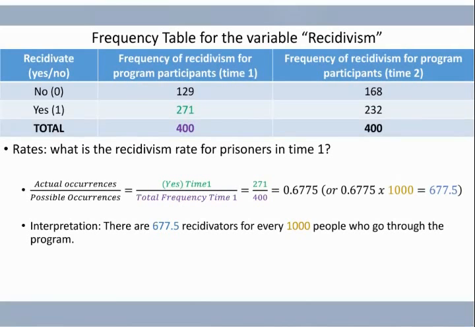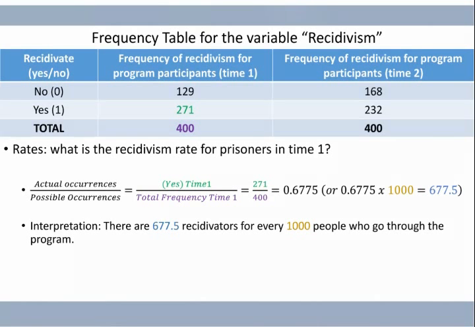So we have 271 divided by 400, which equals 0.6775. And what we can do is multiply this by 1,000. I'm multiplying this by 1,000 to think of a larger population, right? Maybe there are hundreds of people who go into this prison rehabilitation program on a yearly basis. And so this will standardize it more for that population.